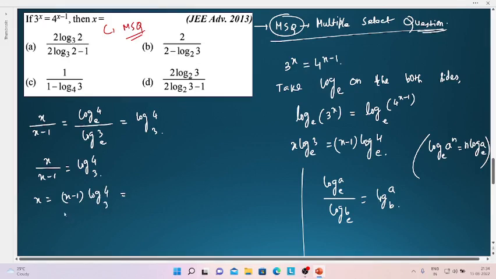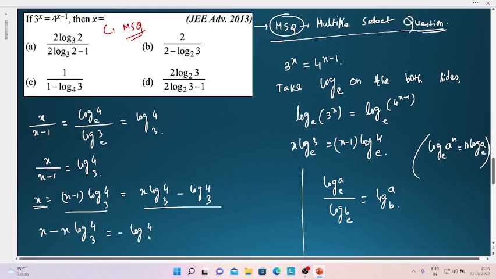Let me expand that: x log 4 base 3 minus log 4 base 3, right? So x equals that. If I take the x terms to the left side, x minus x log 4 base 3 equals minus log 4 base 3.